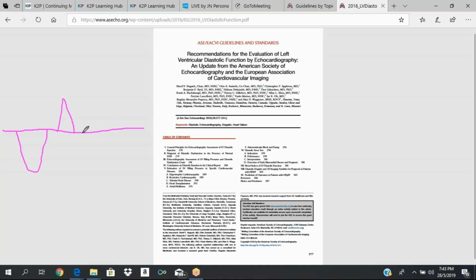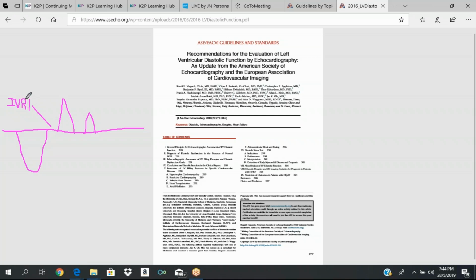And we're just going to look at the signal for a normal individual. So this interval here is what we call the IVRT, okay? So let's highlight it a little bit. This is the IVRT, isovolumic relaxation time or period.